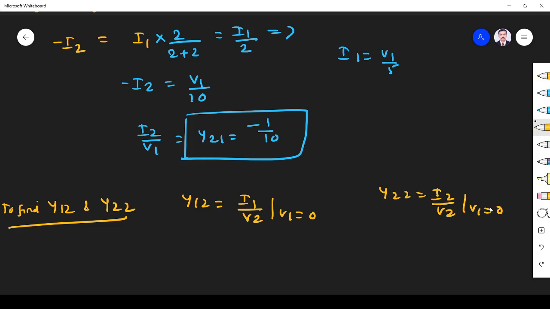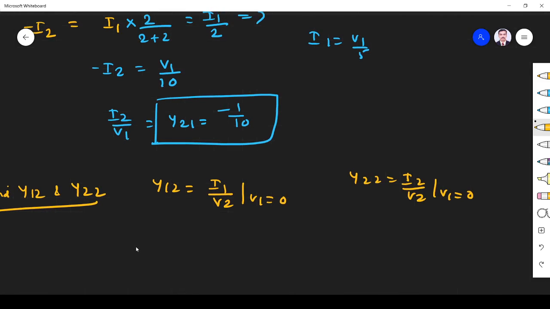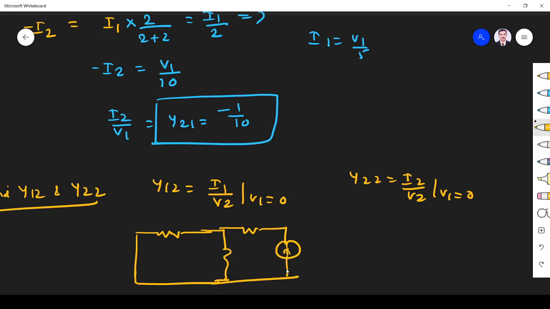Here we have to short the input terminal because V1 is the input voltage. If we short the input terminal, the circuit will be like this: 4 ohm, 2 ohm, 2 ohm, with I1, V1 and I2. Now V1 is equal to 0.